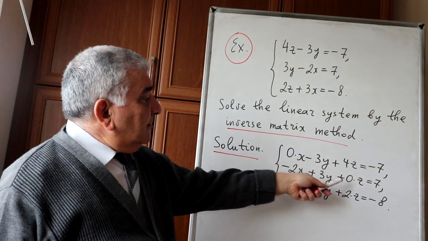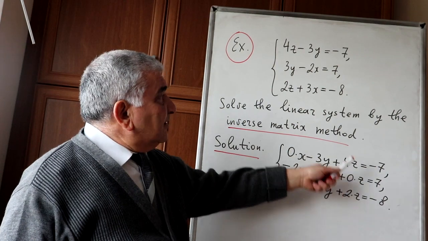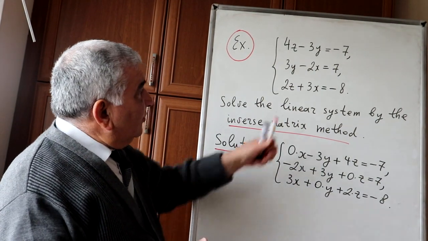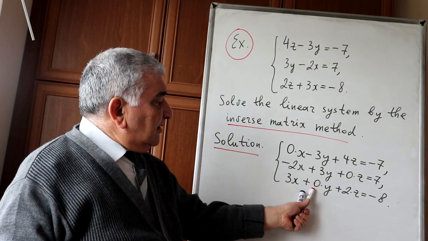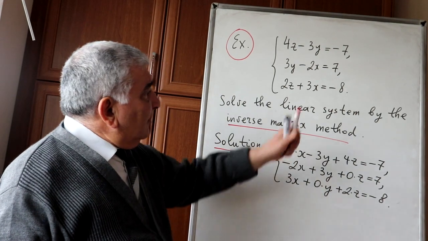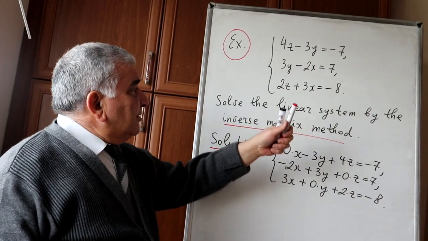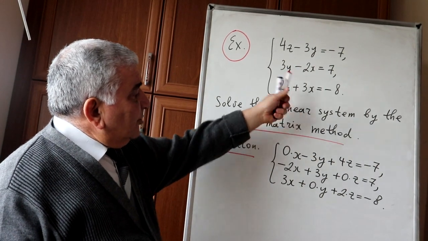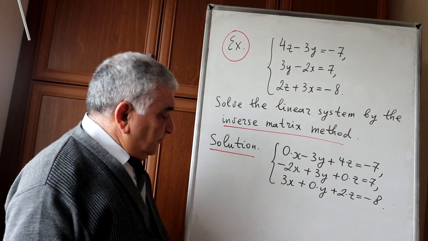Here 0 multiplied by z, because in the second equation the term with z unknown is absent. And in the last equation we have 0 multiplied by y, because in the third equation there is not the term with y unknown.